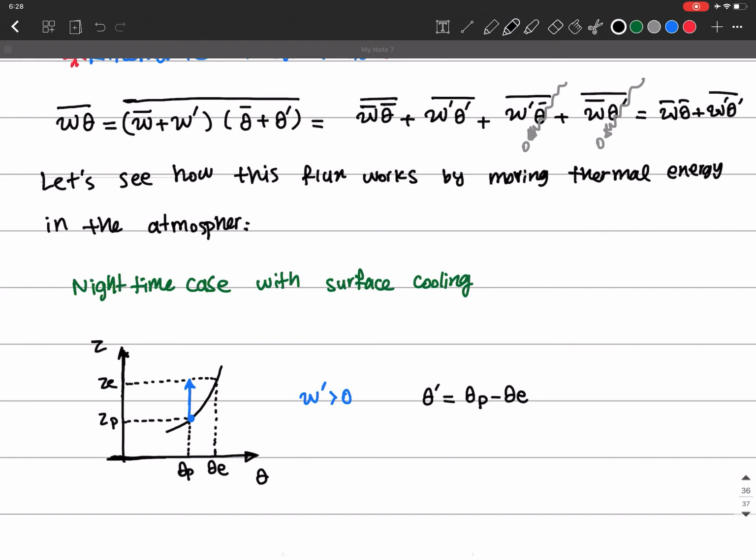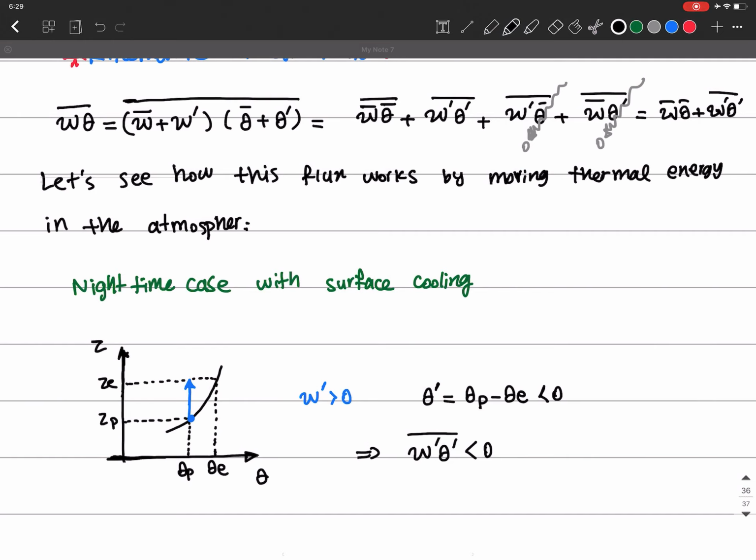So it brings colder air to a warmer environment. So theta P minus theta E is going to be the fluctuation of the temperature, and we know from this figure, in this environment, it is going to be negative. So W prime theta prime here is going to be negative, smaller than 0.